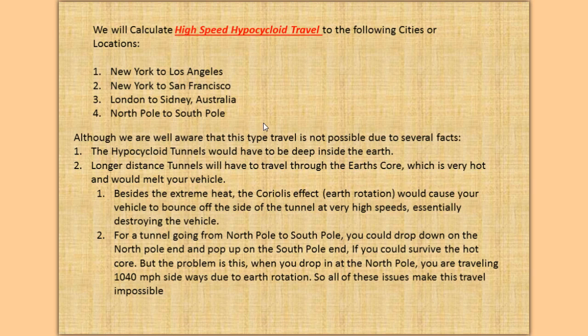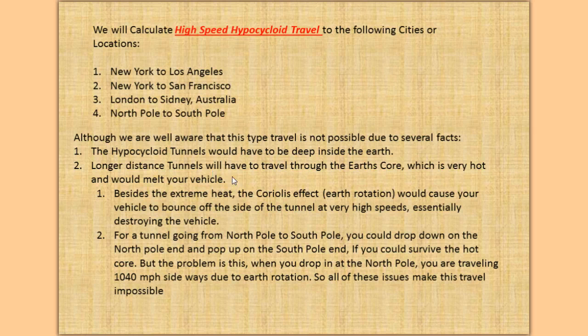Although we are well aware that this type of travel is not possible due to several facts. The hypocycloid tunnels would have to be deep inside the Earth, which we will see. Longer distance tunnels will have to travel through the Earth's core, which is very hot and would melt your vehicle. So if we had a train of cars traveling on a hypocycloid, if they passed through the center of the Earth, we would melt the vehicle, so we couldn't do this.